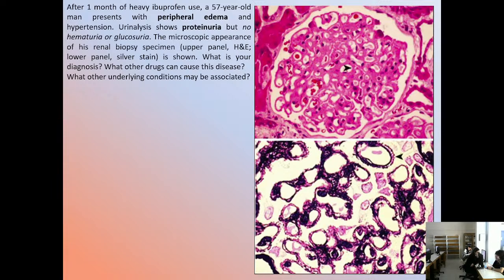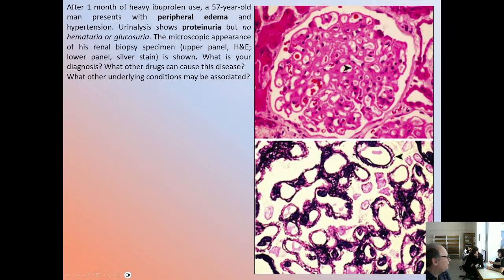And when you have silver stain, you see that as parts of the basement membranes are compressed by the immune complexes, they become like this. Have a look here. You see these small lines here?